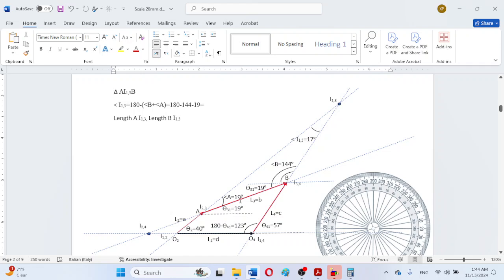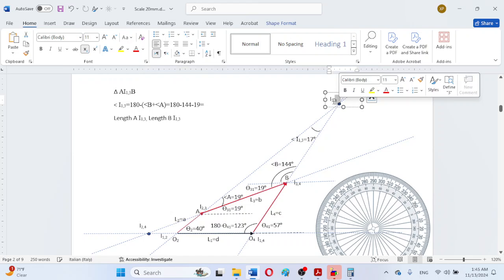As we can also observe, link number 3 is actually in pure rotation about this instant center 1,3.